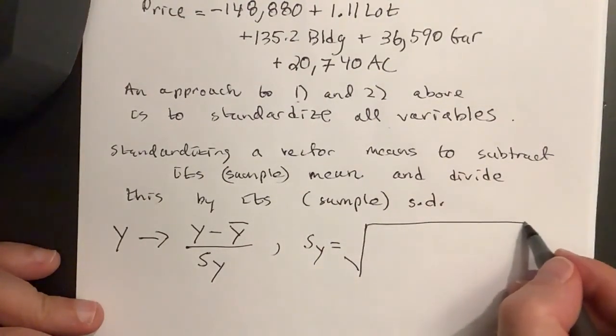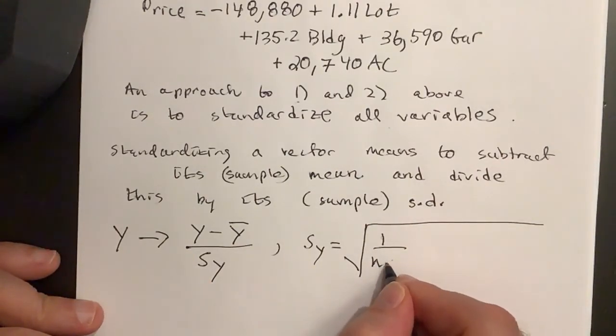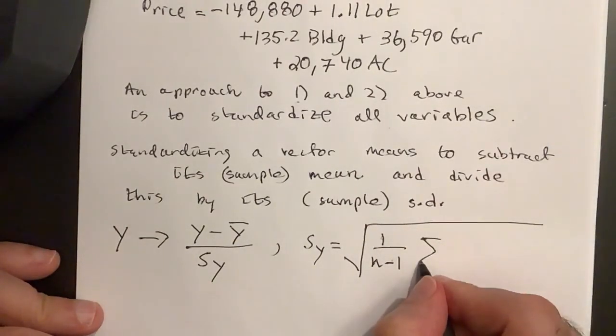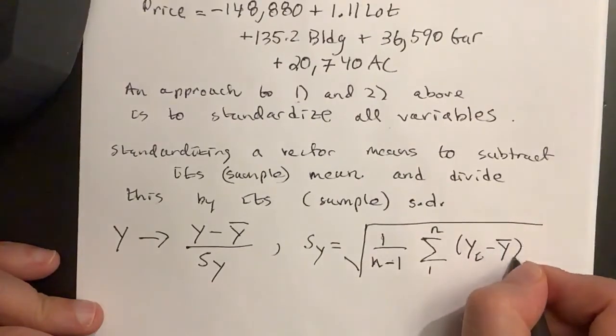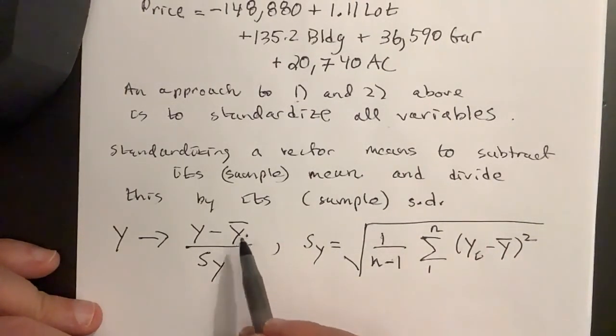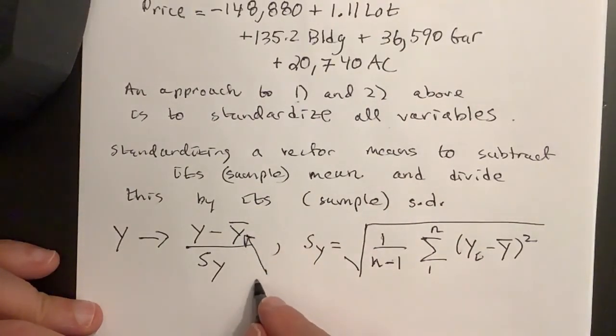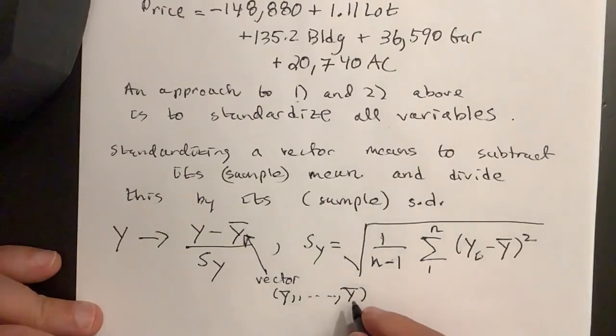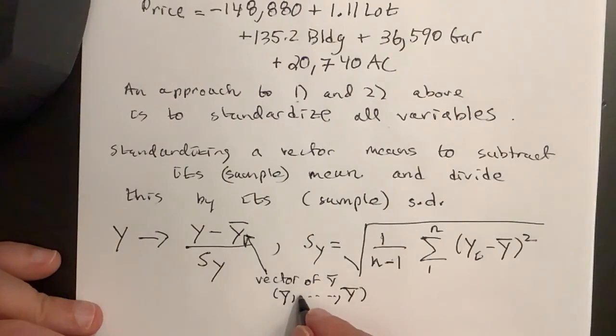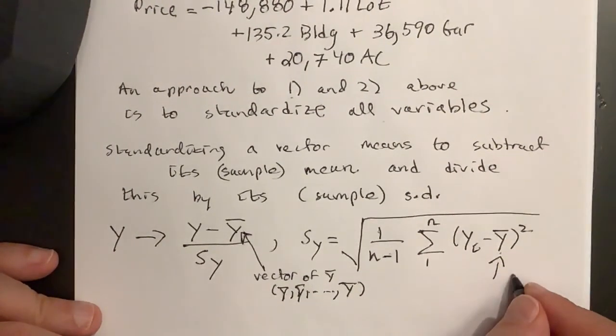This is 1 over n minus 1, so if the vector has size n, the sum from 1 to n of (y_i minus y bar) squared. Here y bar is a vector where each element is y bar.